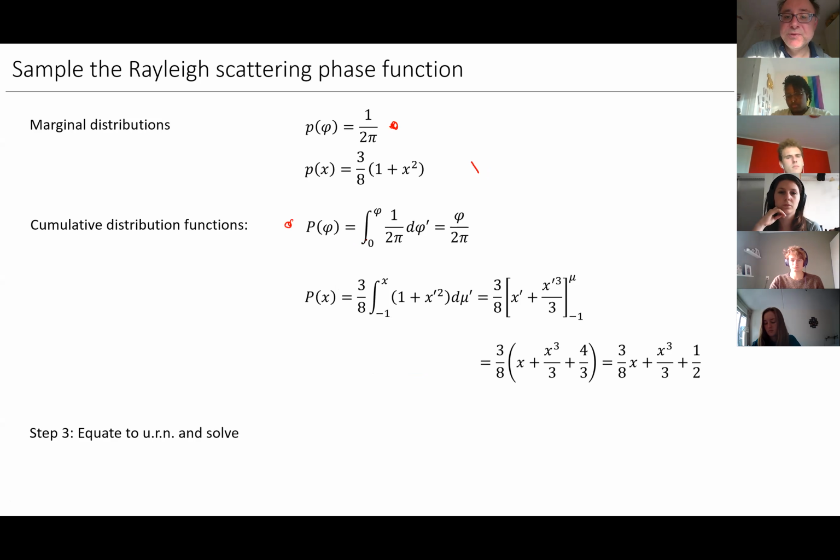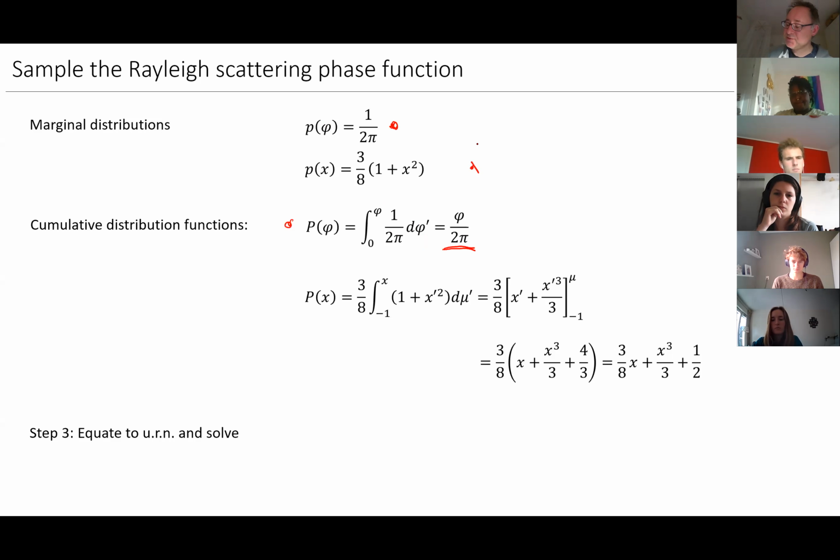It's the integral from 0 to some value of phi of that function, d phi prime. Of course, this is just a constant, so that integral is not that complicated, and it becomes phi over 2 pi. For the cosine of theta, for the parameter x, it's a little bit more work. So this was the probability density function.